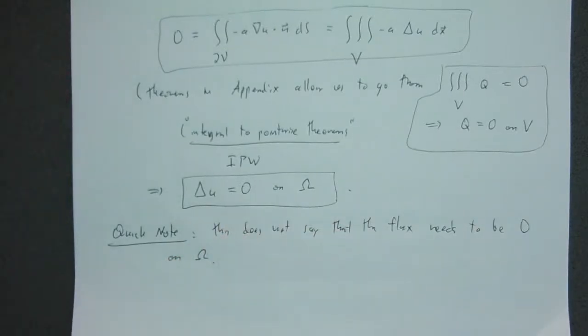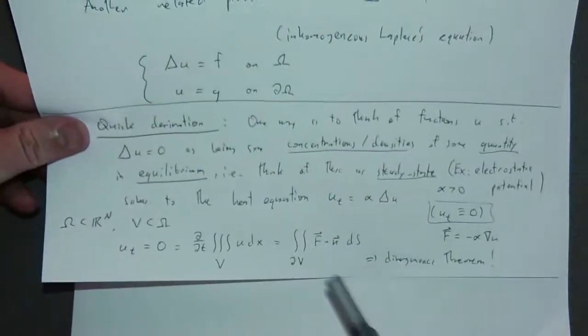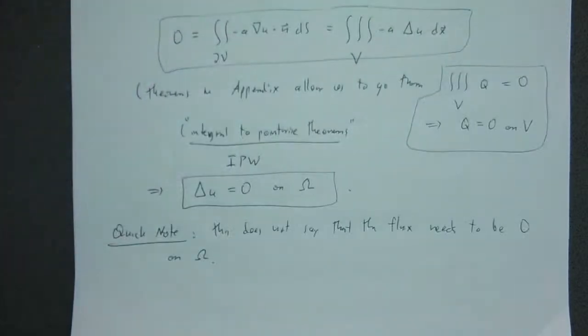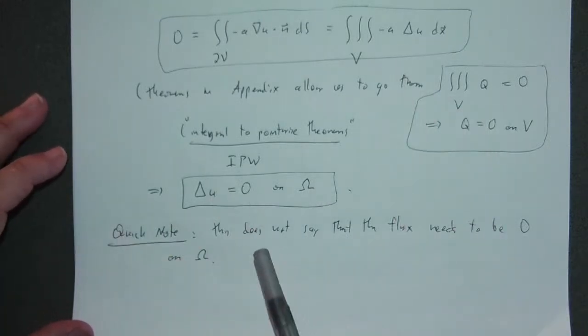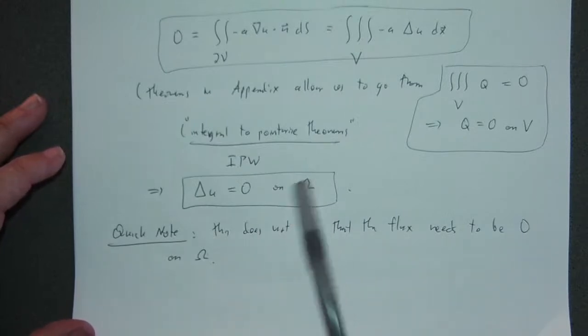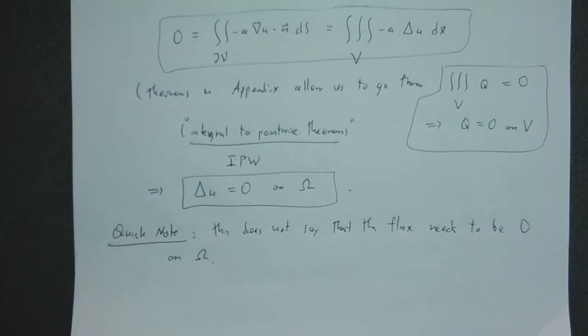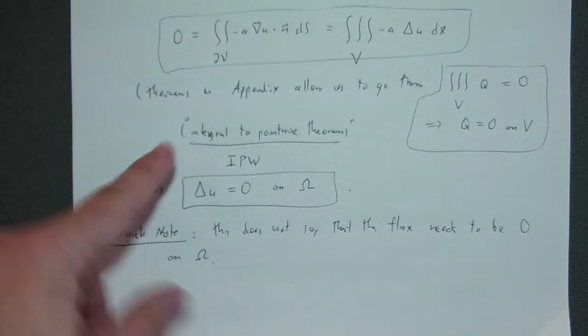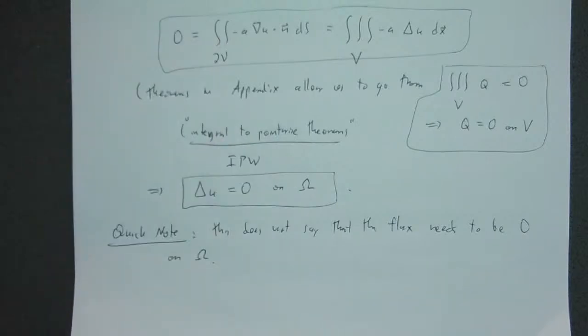In fact, it could be non-zero at every point on omega, and that simply doesn't matter because the point here is that via the divergence theorem and getting this expression here, this works in a way that even if the flux is non-zero everywhere on omega, it's non-zero in a way that over the entire region this cancels out. Somehow the effects cancel out to produce no net flow out of any subdomain V, right?